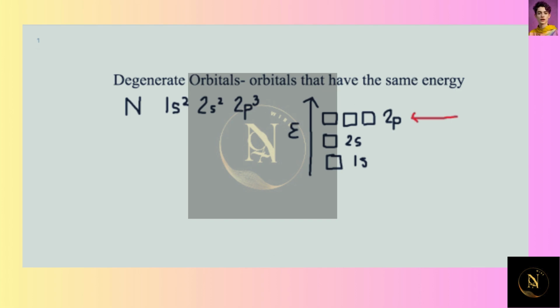The second thing we'd need to know to answer this question is Hund's rule. Hund's rule states that the electrons in degenerate orbitals are filled in 1 orbital at a time.